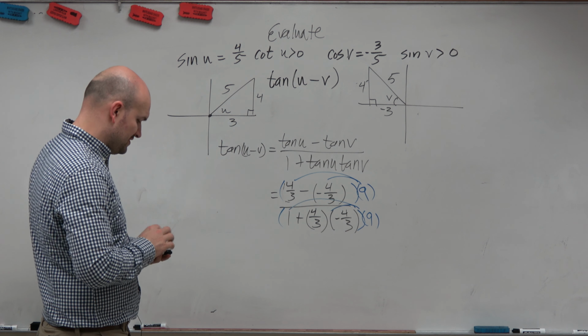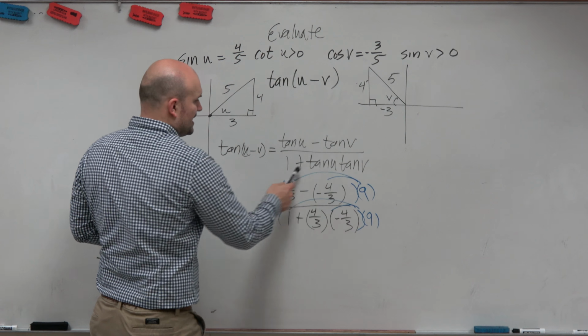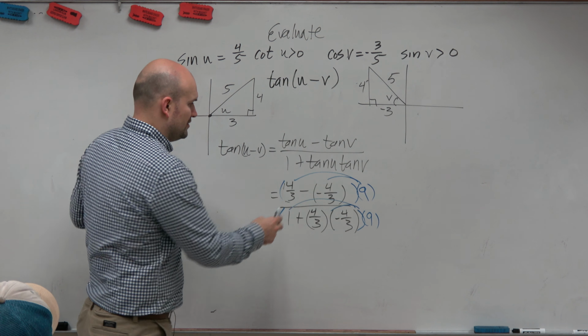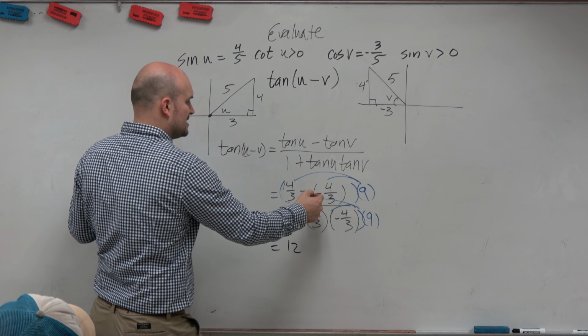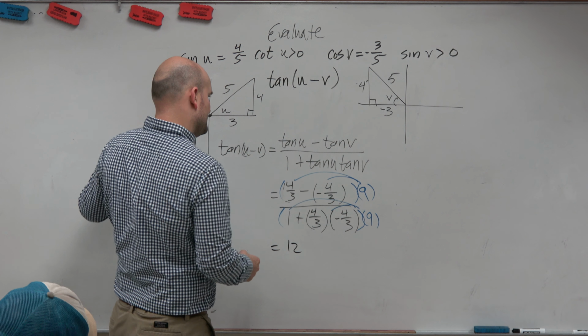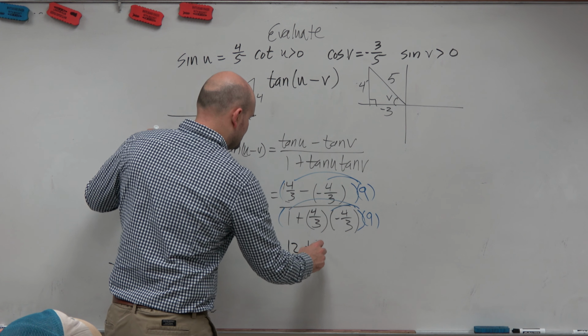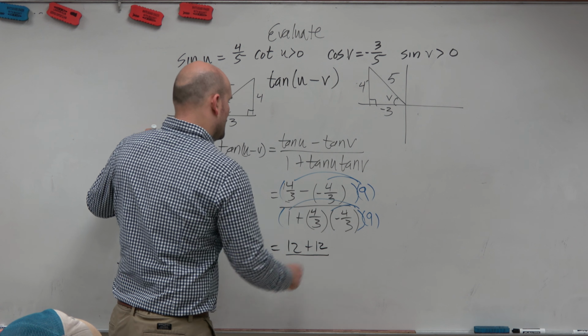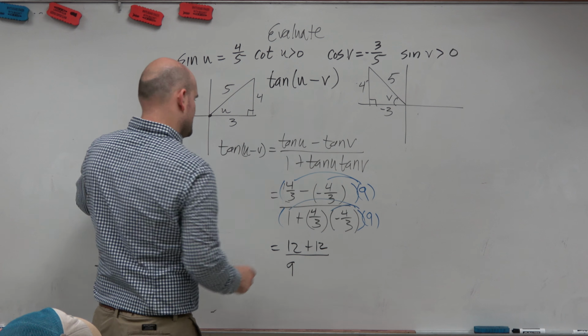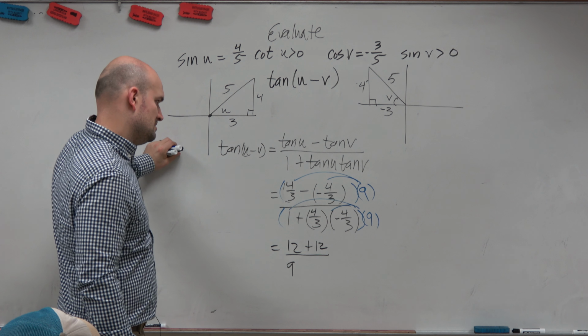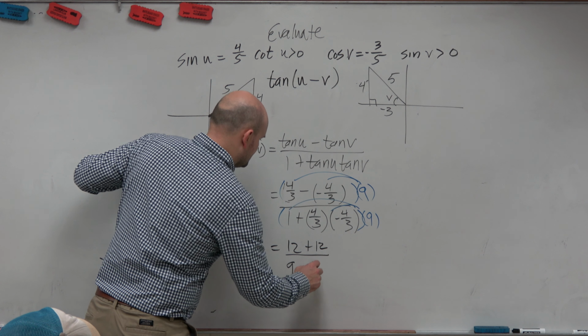So when I multiply every expression times 9, 9 times 4 is 36 divided by 3, or you can divide out the 3. You get 12. This is obviously a positive. So that's going to be, again, another plus 12. All over 9. And that's actually minus 4 times 4 is a minus 16.